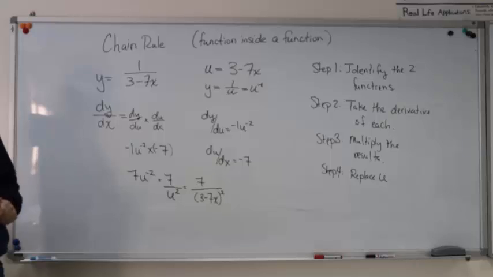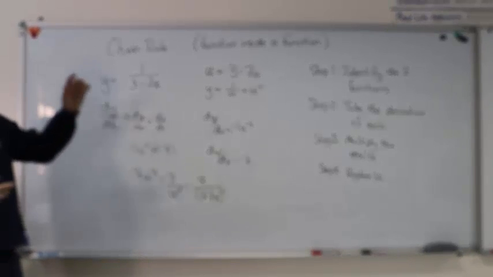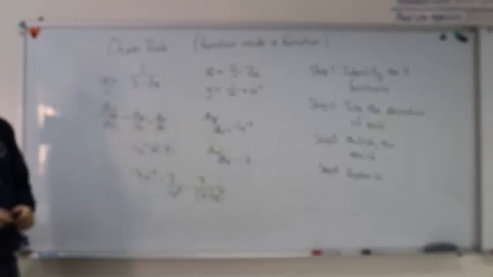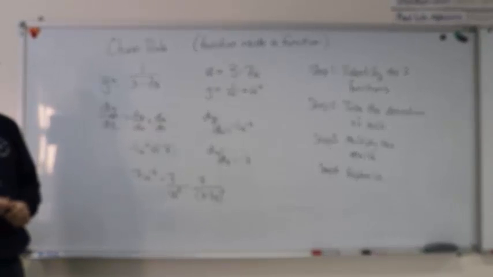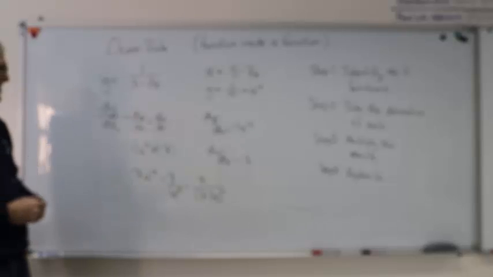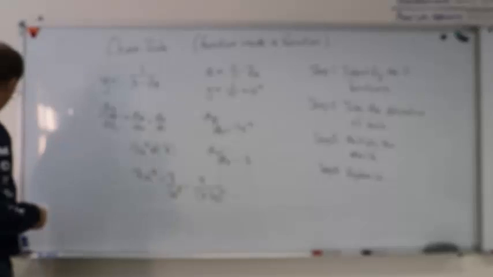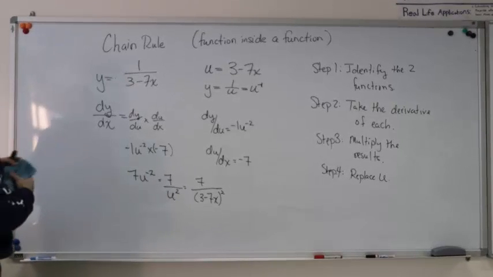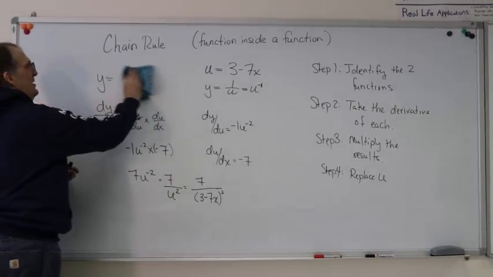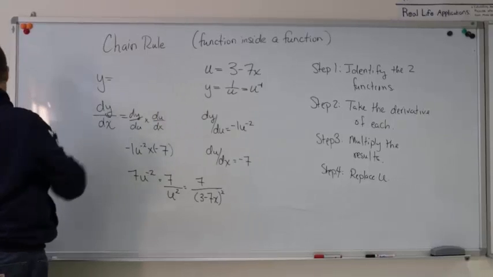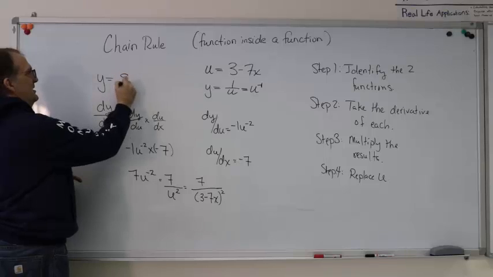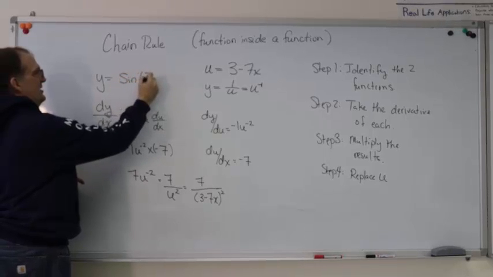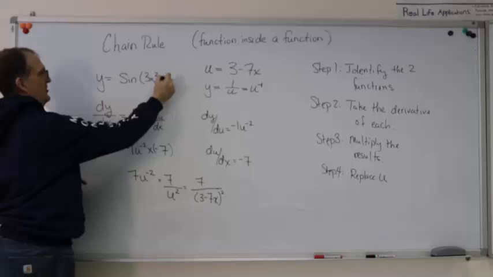All right. Well, that's the chain rule to start with. We haven't talked about trig functions, we haven't talked about exponential functions, but you can imagine that we could have y equals sine of 3x squared minus 4.